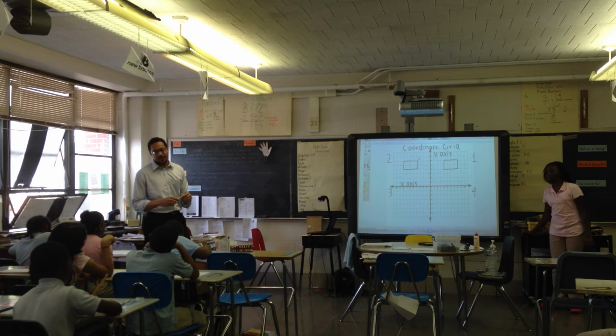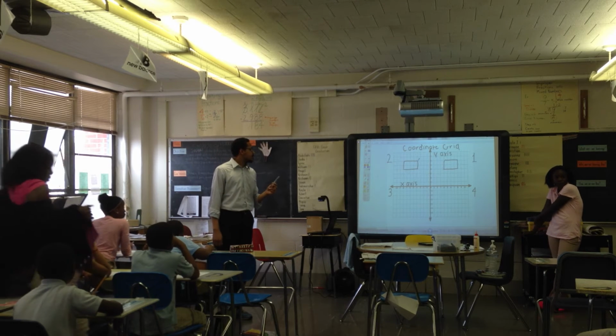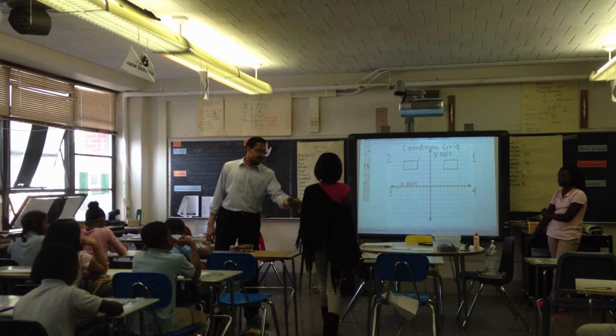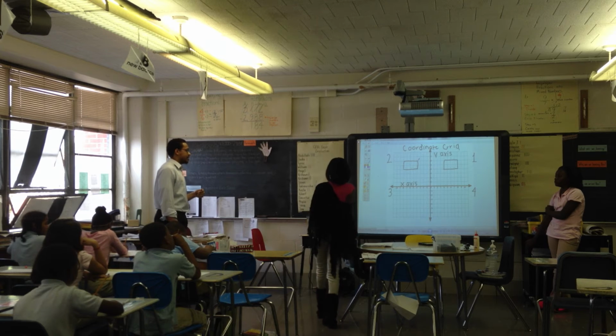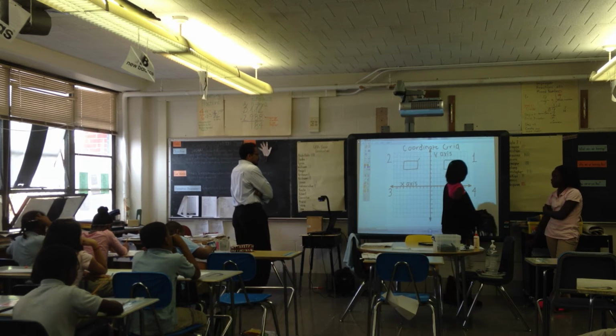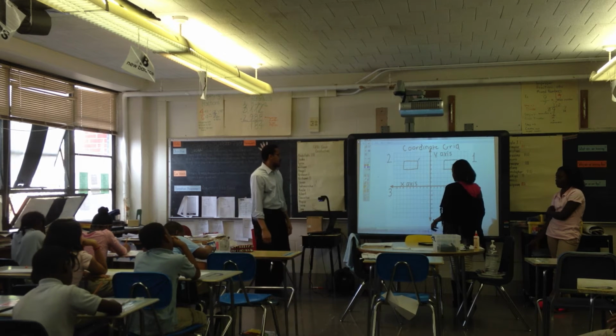So show us a slide. What would a good slide look like for that? So we're going to slide that rectangle down into quadrant 4. What would that look like?